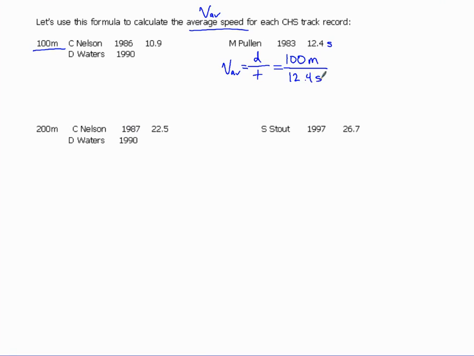That's our time, that's our distance, just so that we're clear. And so the average velocity is 100 divided by 12.4. I've already calculated this, 8.06. And the units are meters per second.